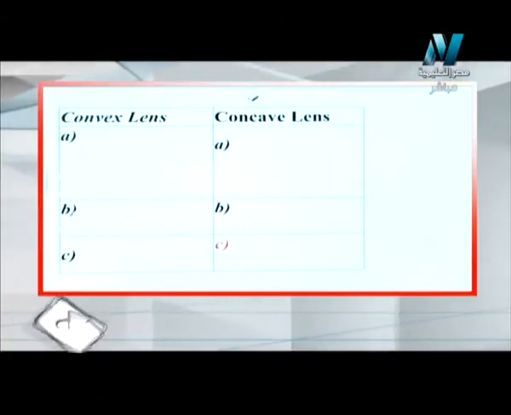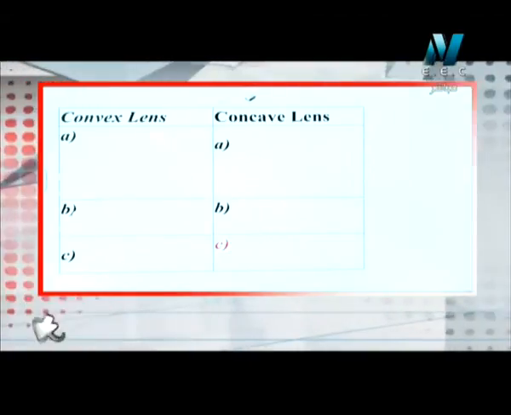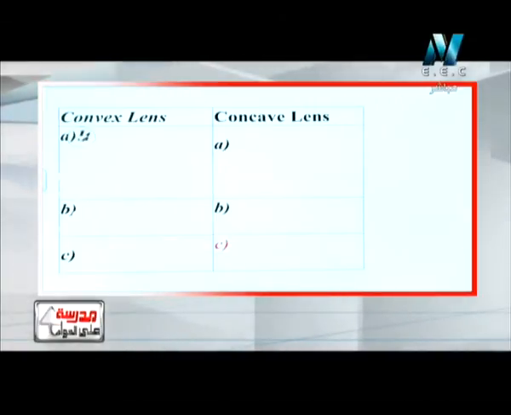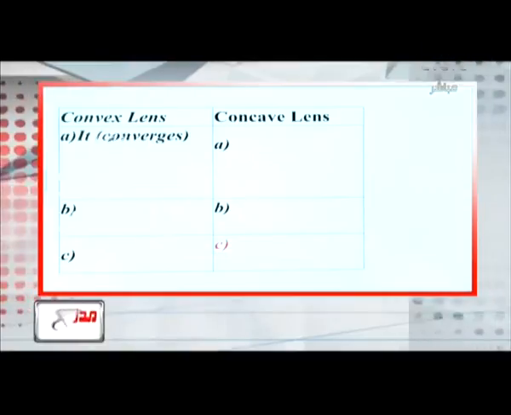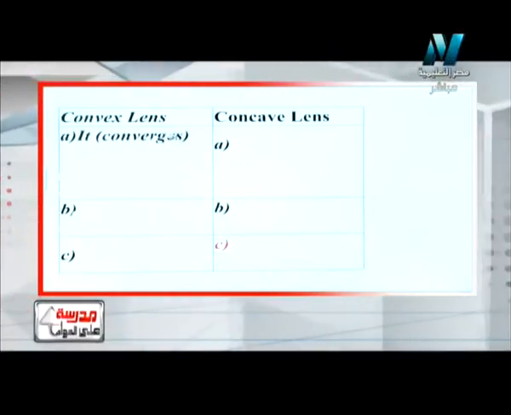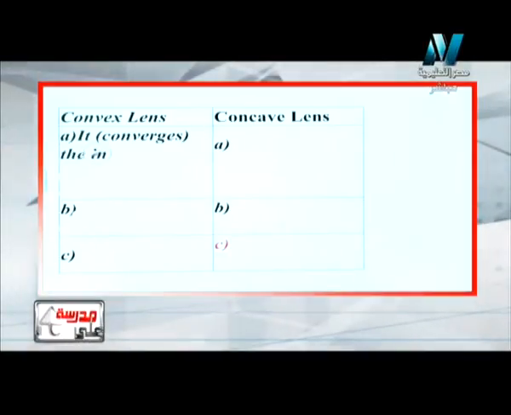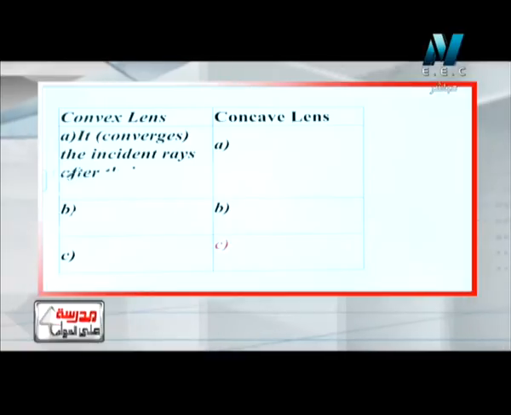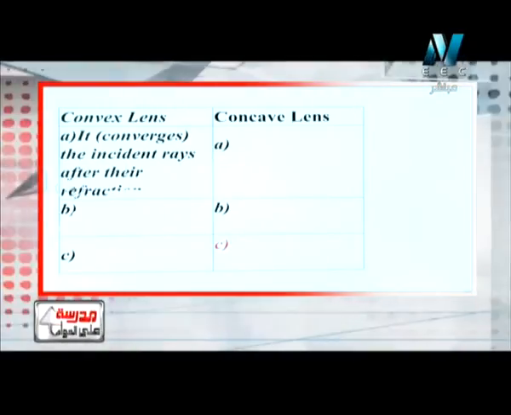As we see here, convex lens and concave lens. Number 1, the convex lens converges, a converging lens, meaning it collects light rays. The incident rays are collected after their refraction.